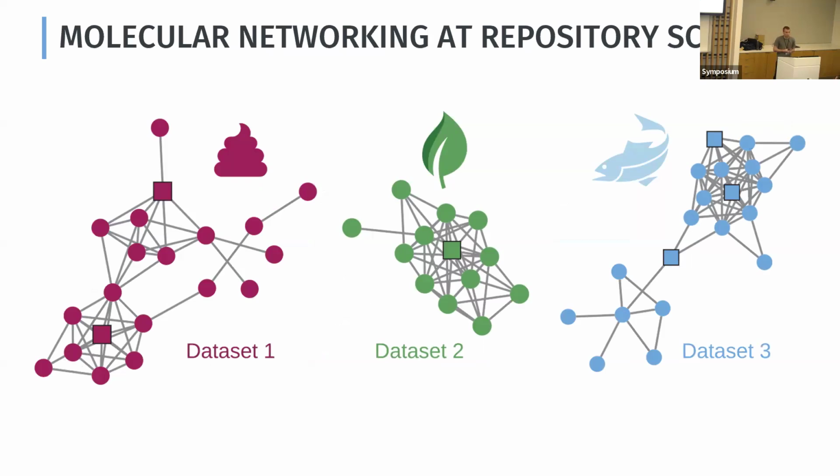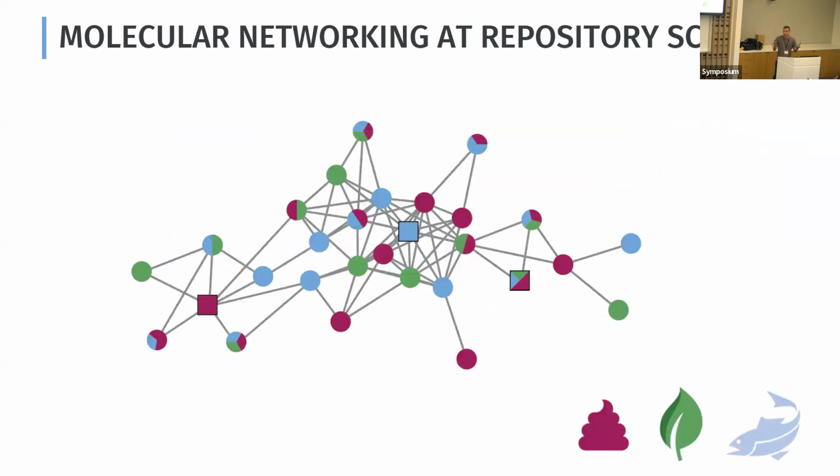we did this approach on repository scale data on GNPS. We took data from over 1,000 different data sets on GNPS and used molecular networking first within each data set separately, and then across all of the data sets combined to build a repository scale molecular network.